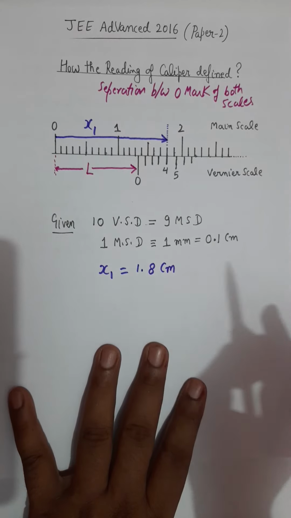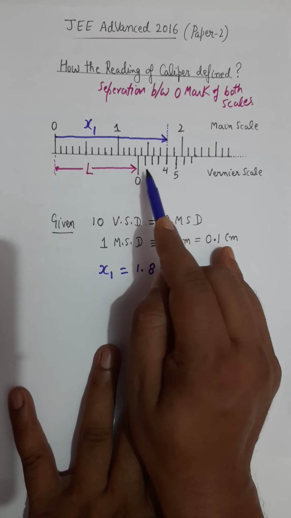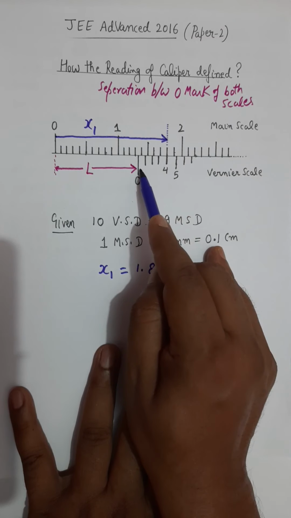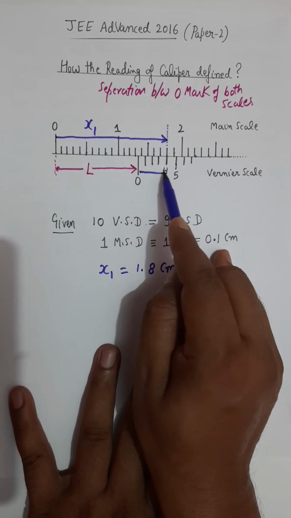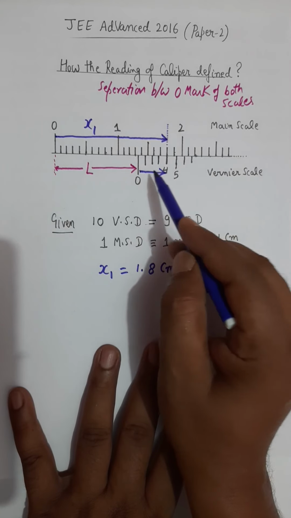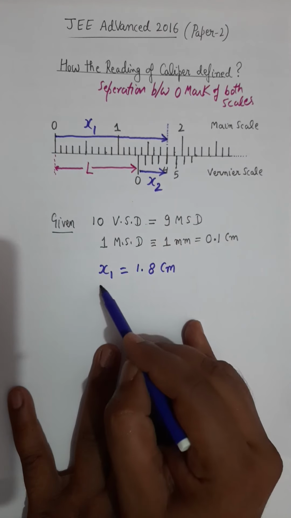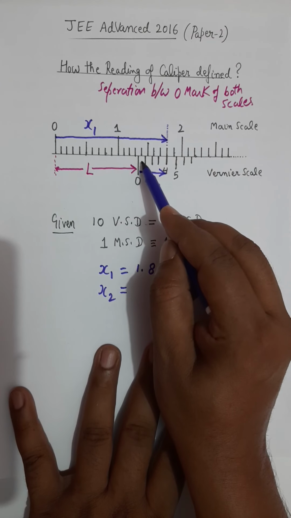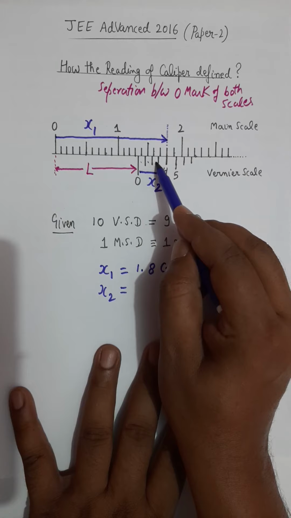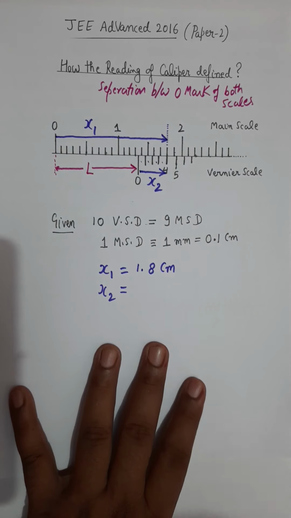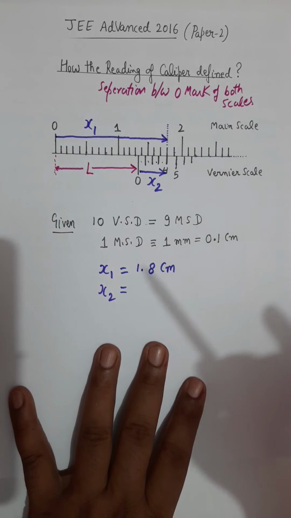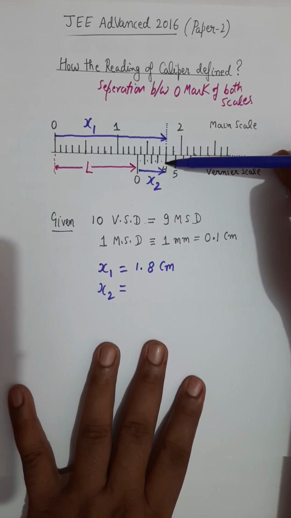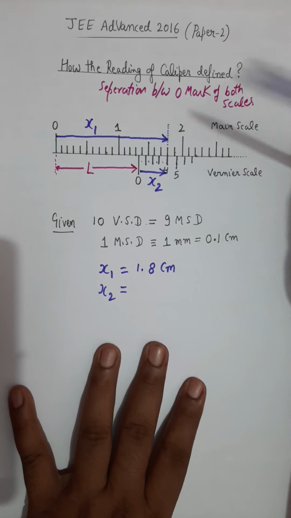That's x1. Now I can find the length of the coinciding division from the 0 of the Vernier scale, and let's say this length is x2. This x2 is actually equal to the length of 4 Vernier scale divisions, because the fourth division of the Vernier scale is coinciding with the main scale.